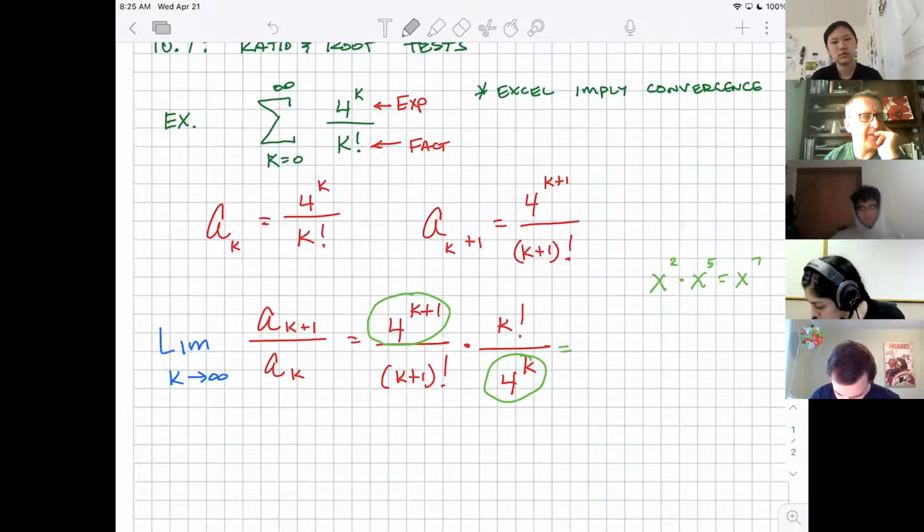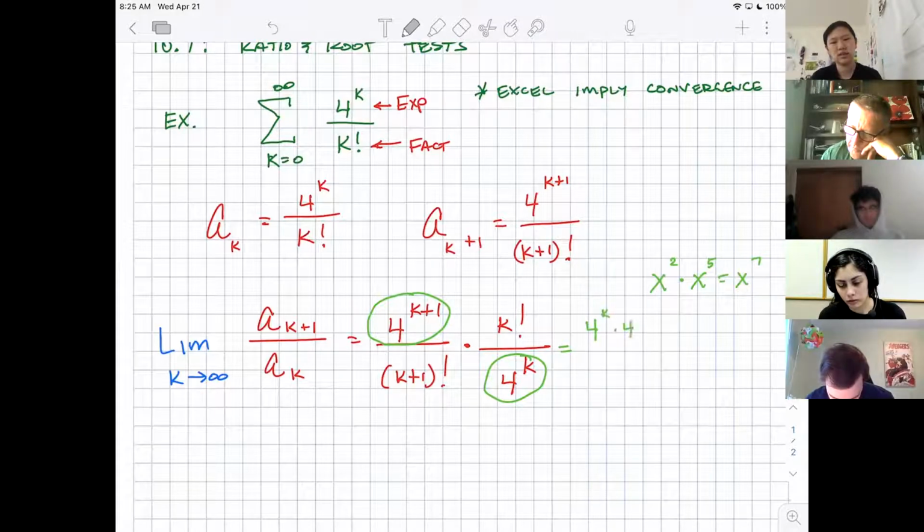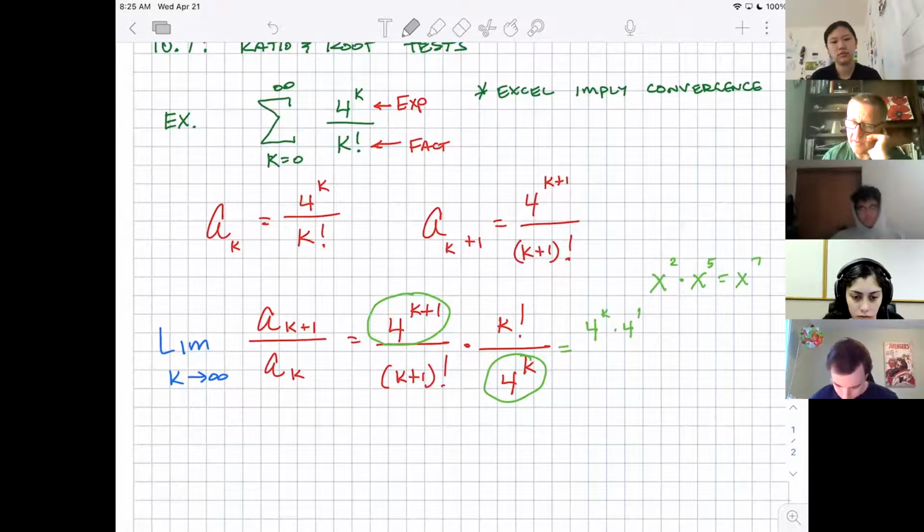So if that's 4 to the k plus 1, then wouldn't that have been 4 to the k times 4 to the 1, since you add the exponents? Notice we're not used to going backwards. Here we're going backwards, and we're actually fine going this way.